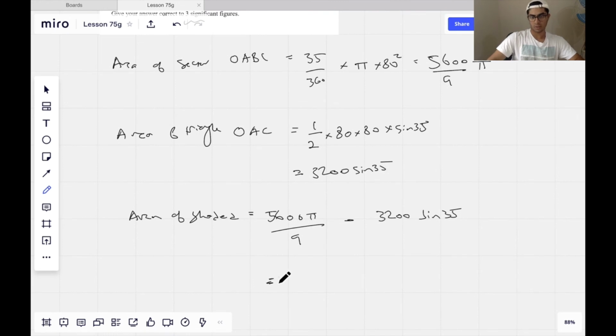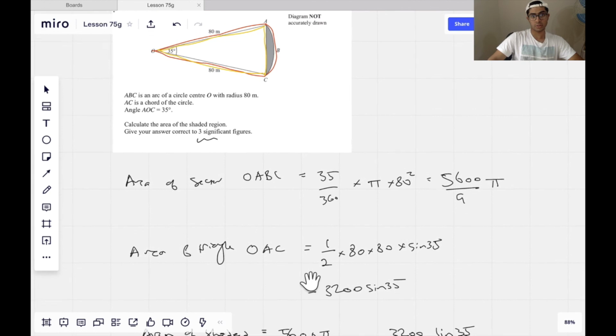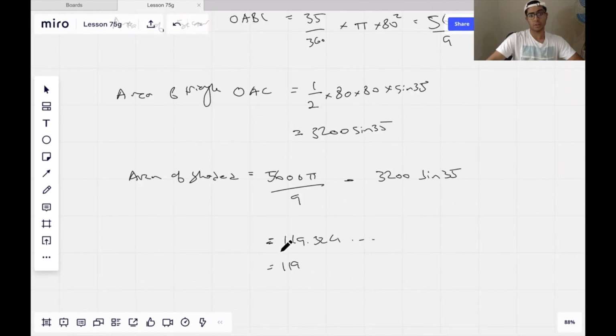So if we do this on my calculator, 5,600 pi by 9 minus 3,200 sine 35, which comes out to 119.324. And again, to 3 significant figures, just 119. And what are our units? This is in meters, so meters squared to 3 SF. And there you go, that's our answer.